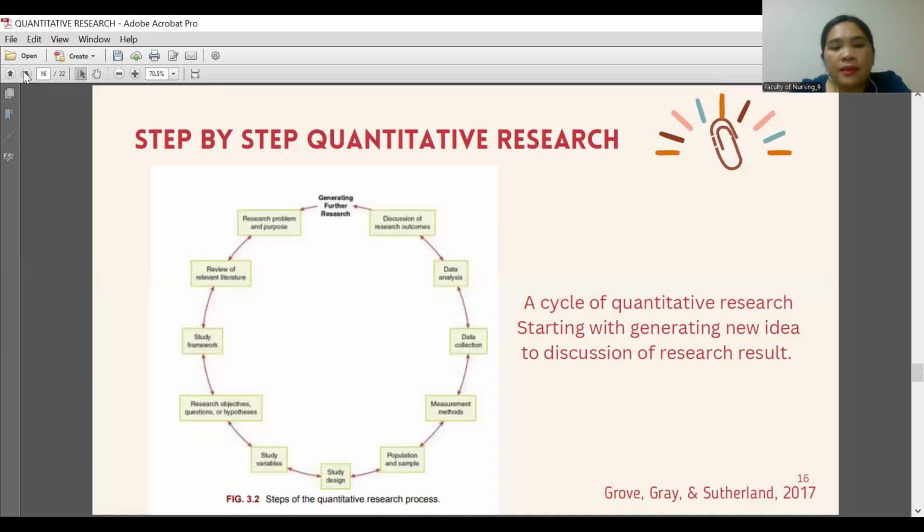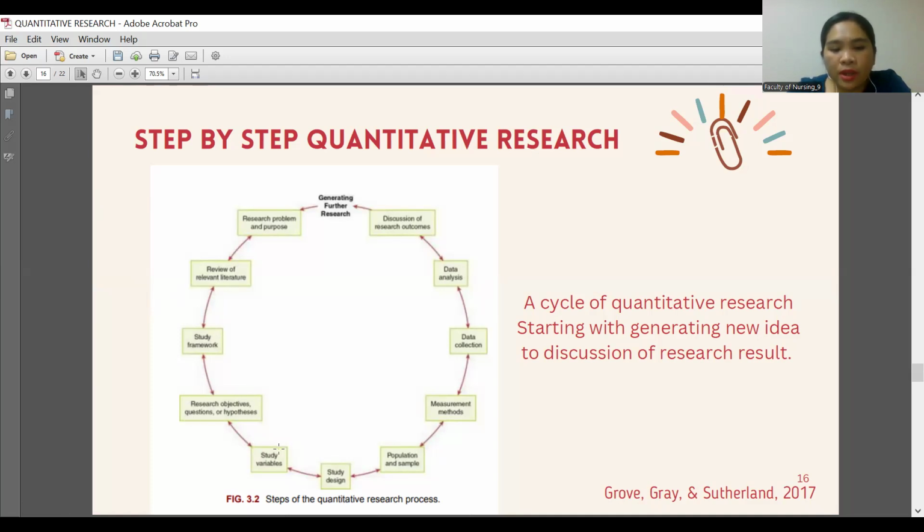This is the step by step in quantitative research. The first one, we aim to have further research, so we write down our research problems. And then we review previous literature, and we will have a study framework, and then we will build our research objective, question, and hypothesis.